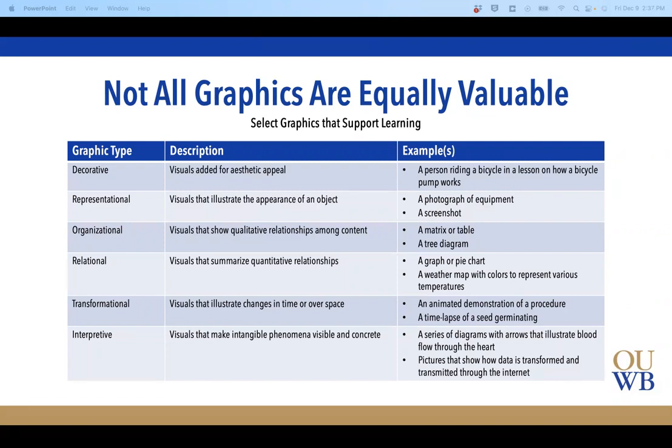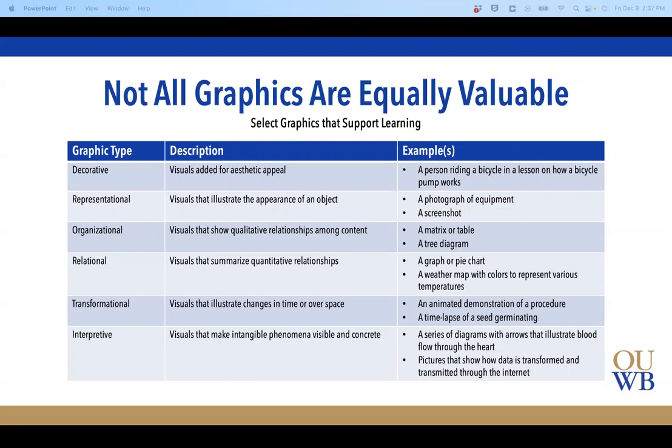So if we start from the top, decorative graphics are those things that are just visuals that are added for aesthetic appeal. So there's an example there of just a person riding a bicycle, in a lesson about how a bicycle pump works. It's not unrelated necessarily, but it doesn't do anything to move learners toward the goal of the lesson, which is to understand how a bicycle pump works.